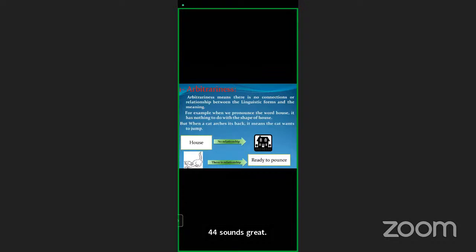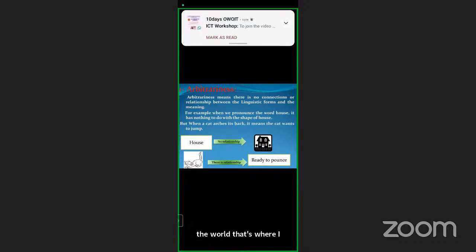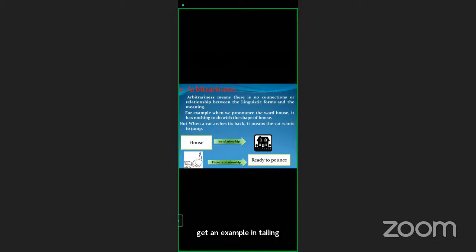Now these linguistic sounds will be put together to create a word, and that word has a meaning, and that meaning is actually not the same to the people throughout the world. That's why I gave you an example. In Telangana we call it Nilo or Niru for water.